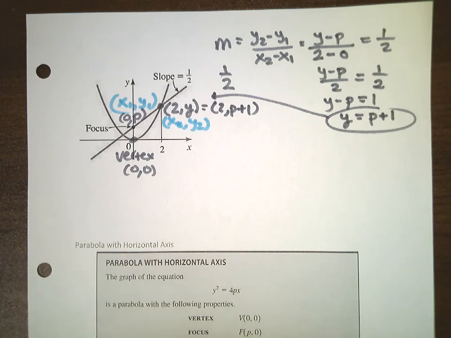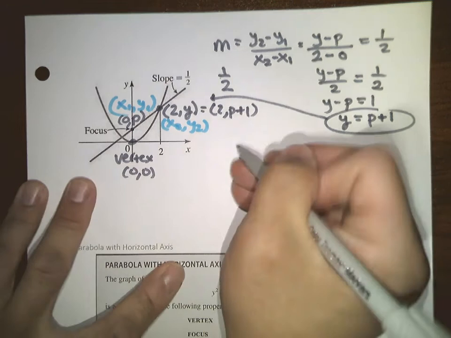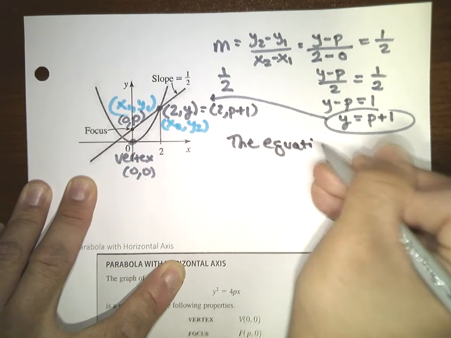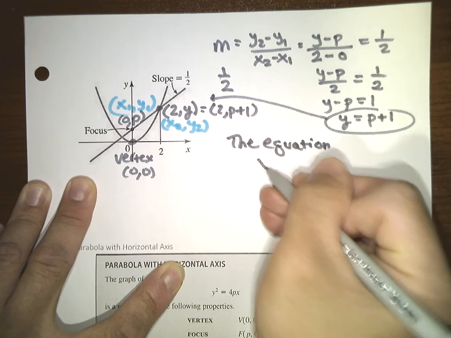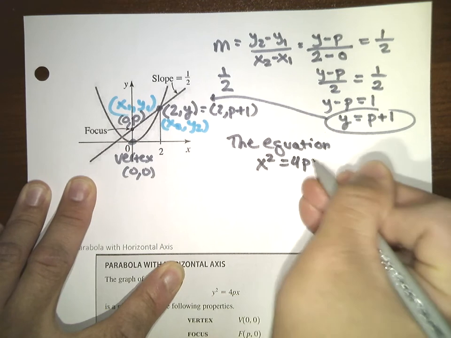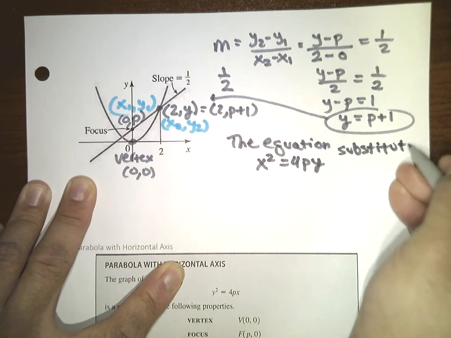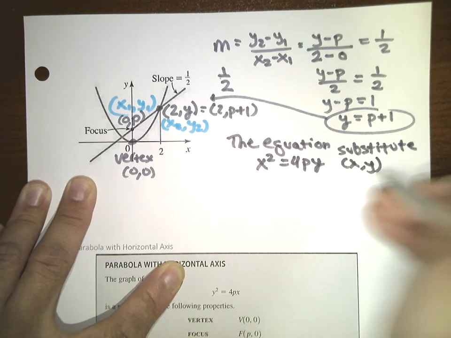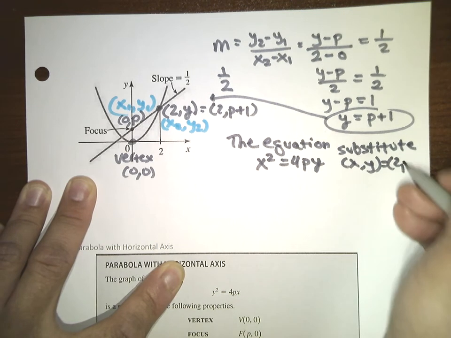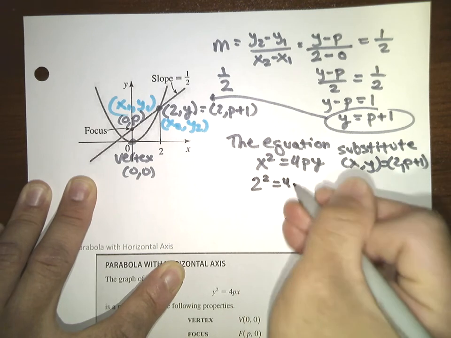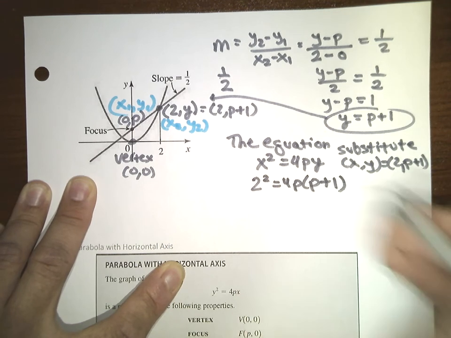Now, what I do is the same thing that I did in the last problem. I know that the equation is going to be x squared is 4py, and then I substitute the point there. x, y is (2, p plus 1). So we have 2 squared is 4p times p plus 1.